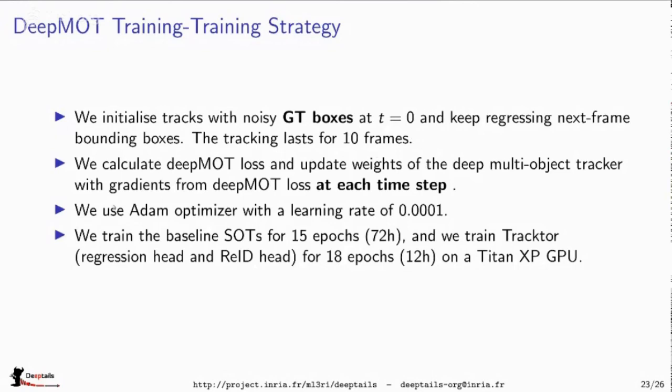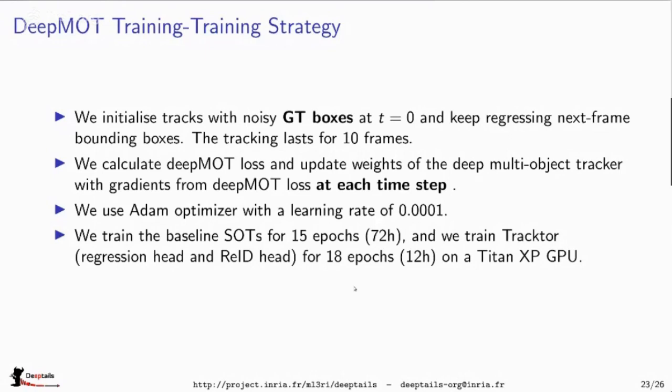The deep multi-object tracker will output predicted bounding boxes, and we can calculate the distance matrix and feed it to DHN. DHN will output the soft assignment matrix. We can then calculate the DeepMOT loss. We update the weights of the deep multi-object tracker at each time step.